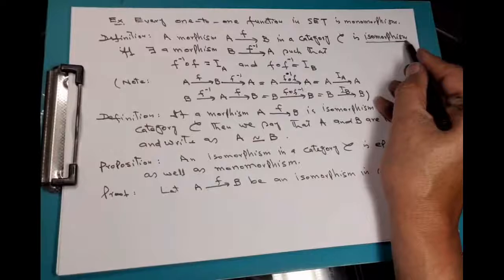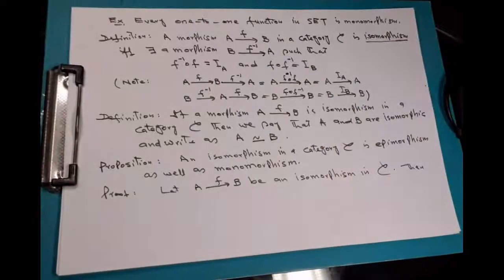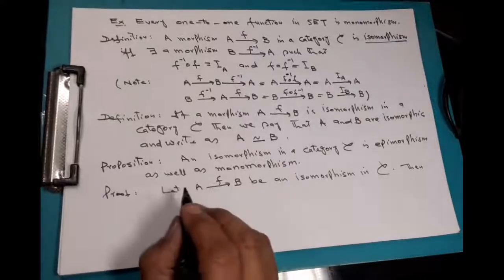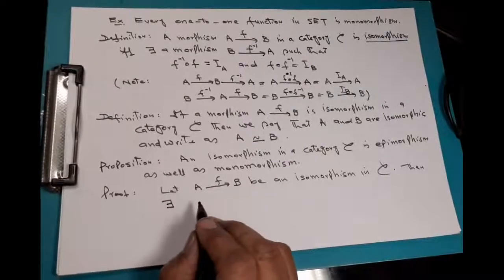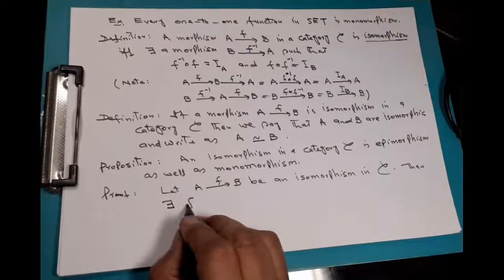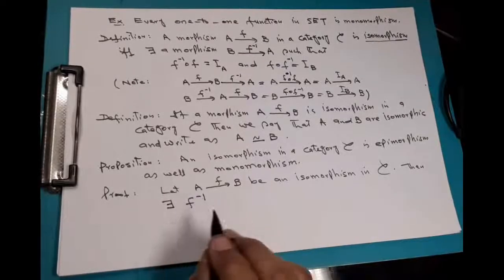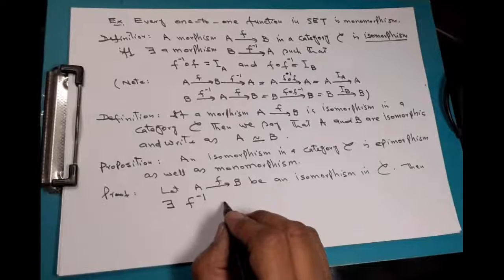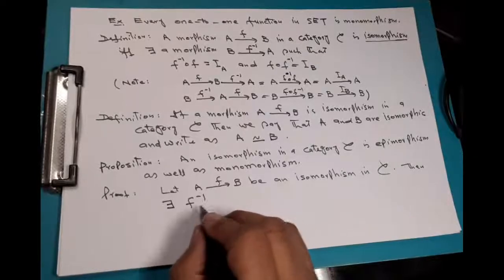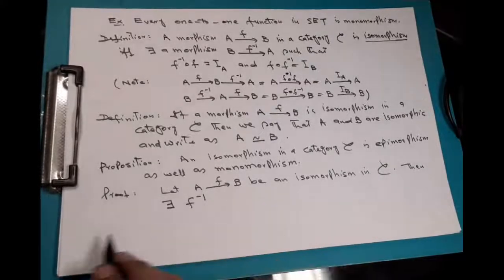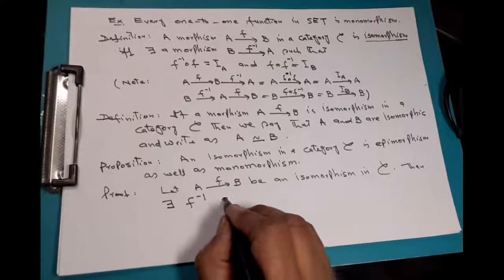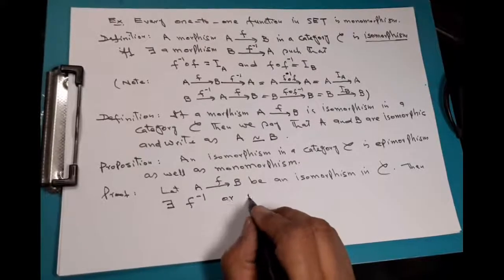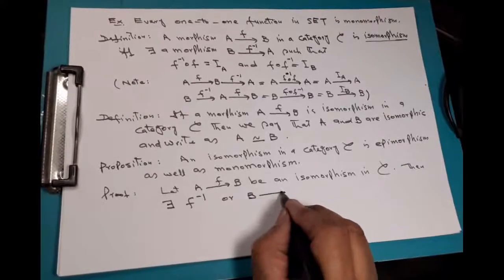This was the definition of isomorphism. Then, by definition of isomorphism, there exists a morphism F inverse, which is from B to A.